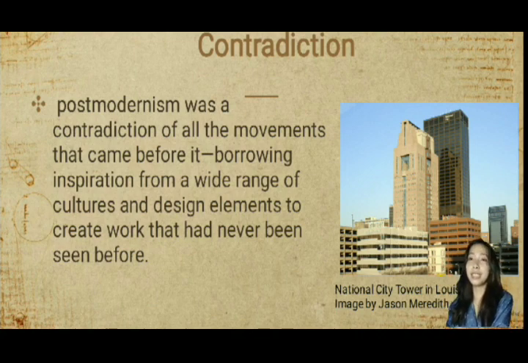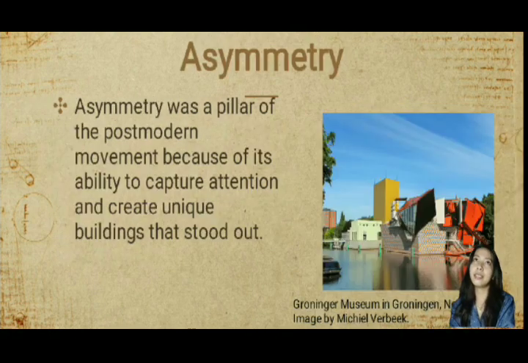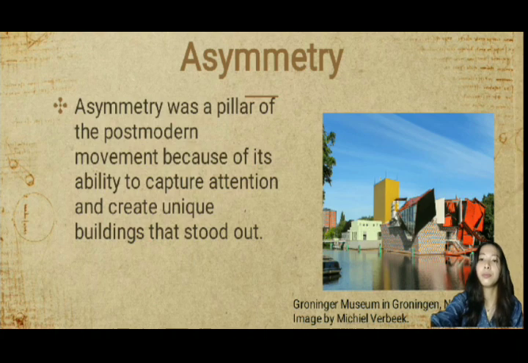Okay, so the next characteristic is the asymmetry. So it was a pillar of the postmodern movement because of its ability to capture attention and create unique buildings that could stand out. Okay, so asymmetry is one of the characteristics of postmodern. Why? Mao na gid siya ang trademark sa postmodern architecture, because of its ability to capture attention of the people.